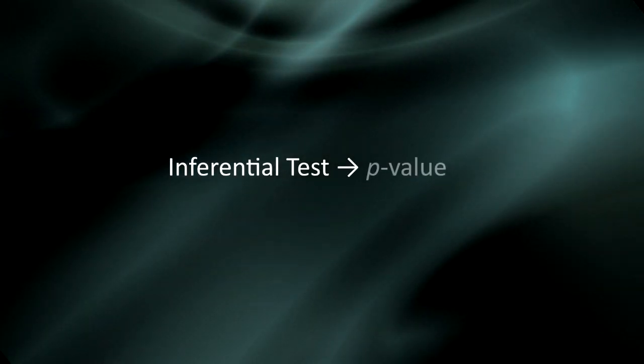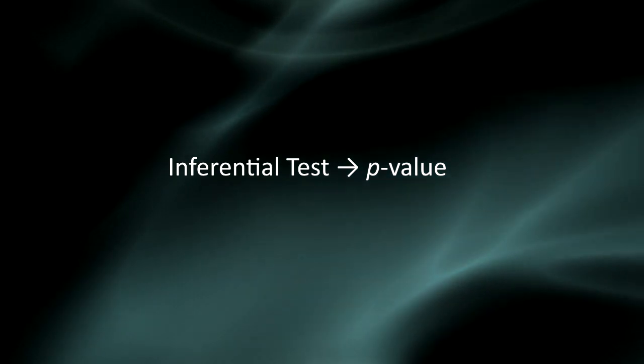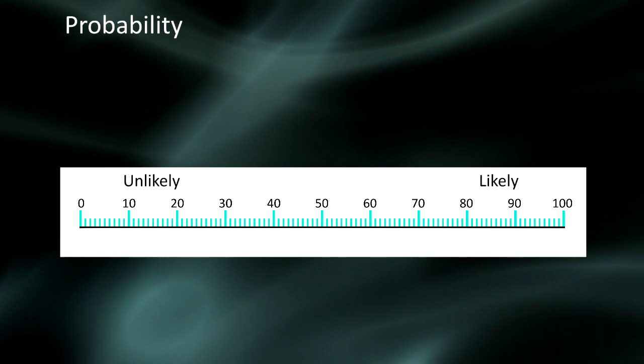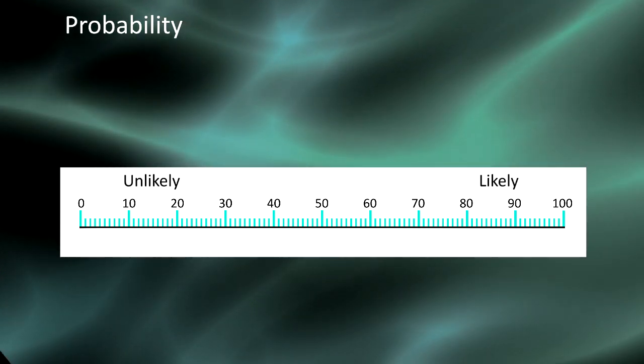In order to make this decision, it would be nice to have some kind of guideline or standard. What probability would give us confidence in rejecting a null hypothesis? The reason for using an inferential test is to get a probability value, commonly called p-value. The p-value provides an estimate of how often we would get the obtained result by chance if, in fact, the null hypothesis is true.